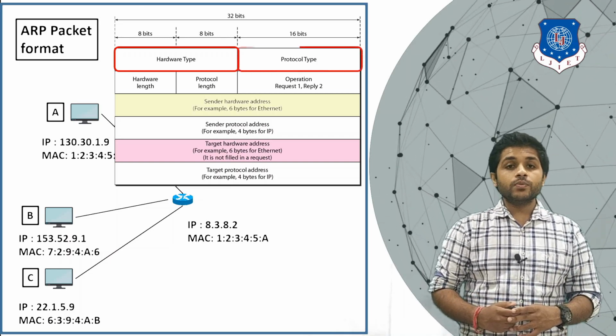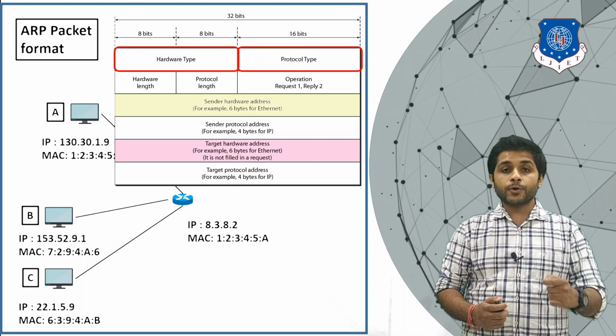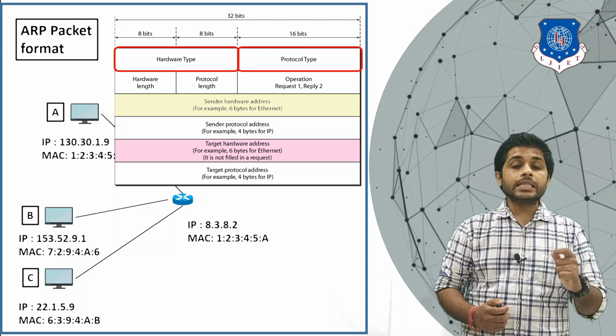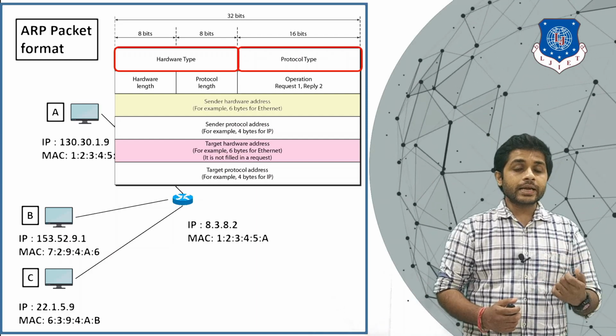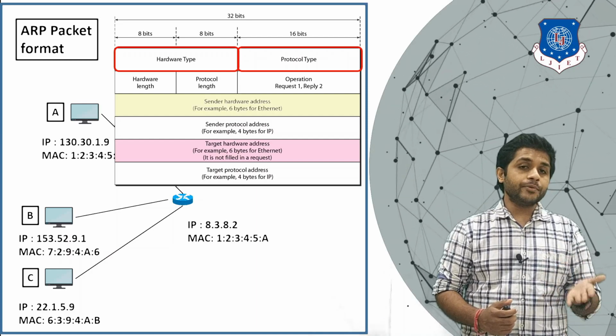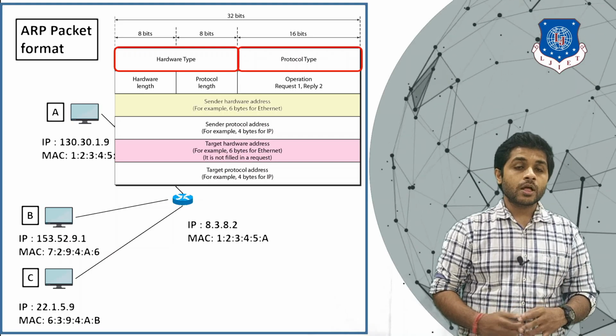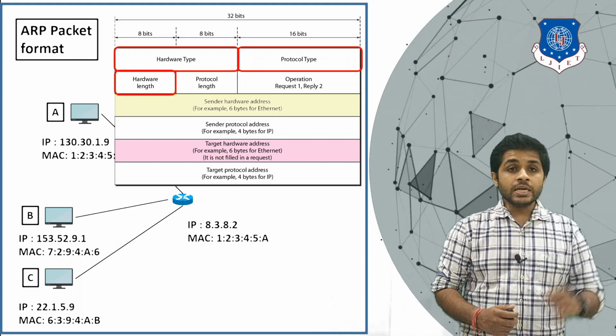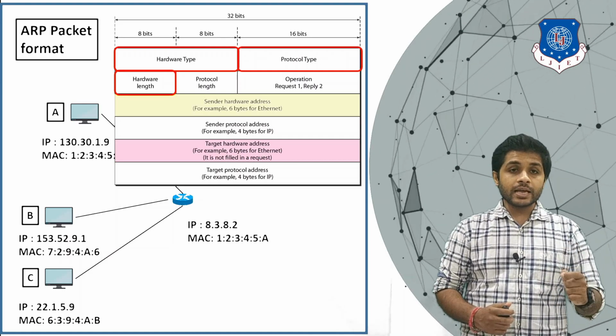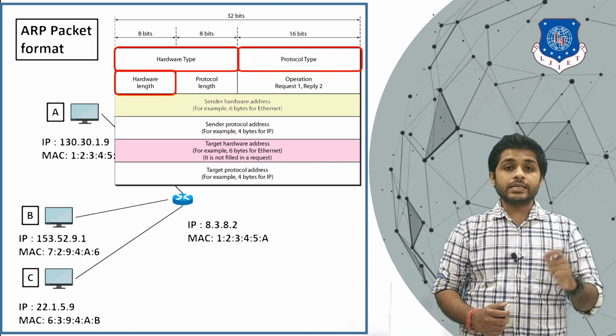Protocol type will tell you what type of protocol is used at the network layer. The value in this field will indicate that it could be either IPv4 or IPv6. The next field is the hardware length. Hardware length is the address length in the hardware type.